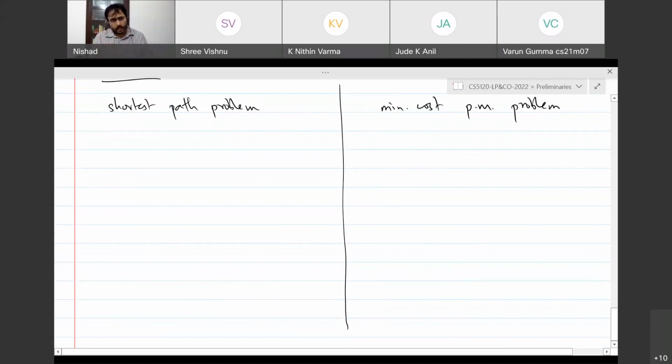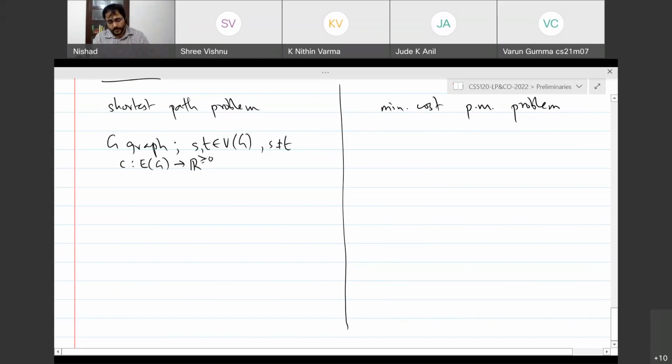So in the shortest path problem, we have a graph G and we have two special vertices, S and T. And we have costs on the edges, which are non-negative real numbers.